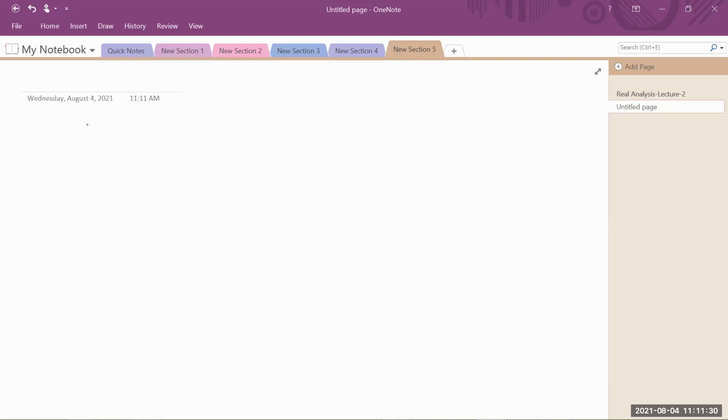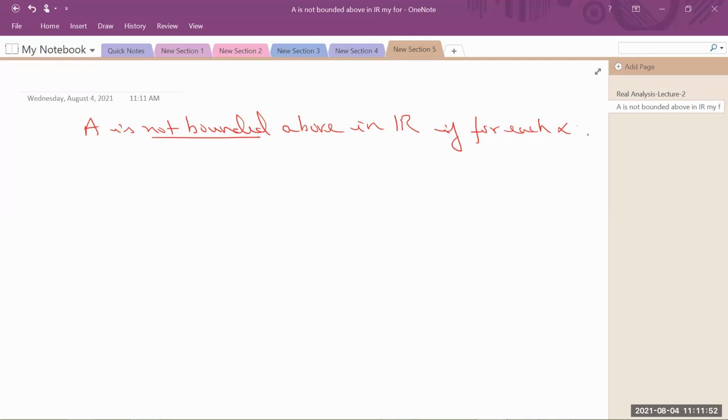So what we mean by that, A is not bounded above in R? If we say that A is not bounded above in R, it means that for each alpha belonging to R, there exists X belonging to A, which depends on alpha, such that X is greater than alpha.